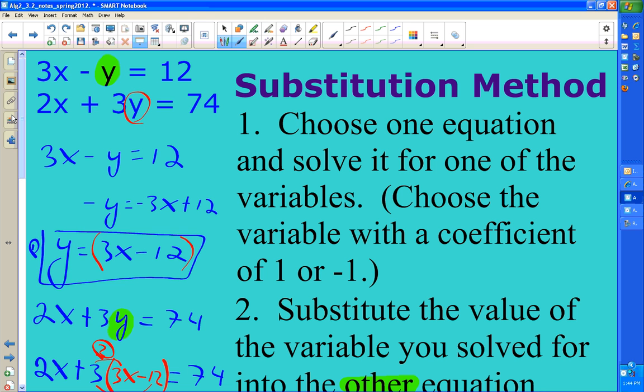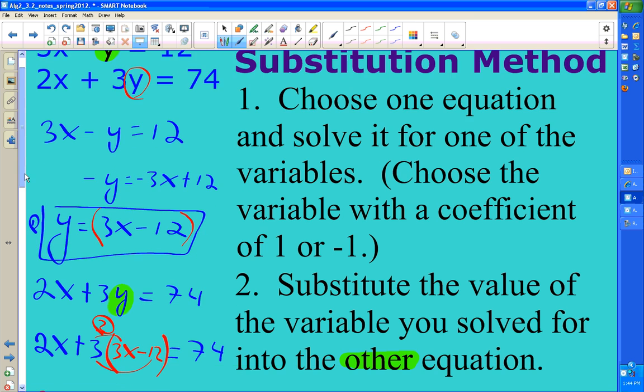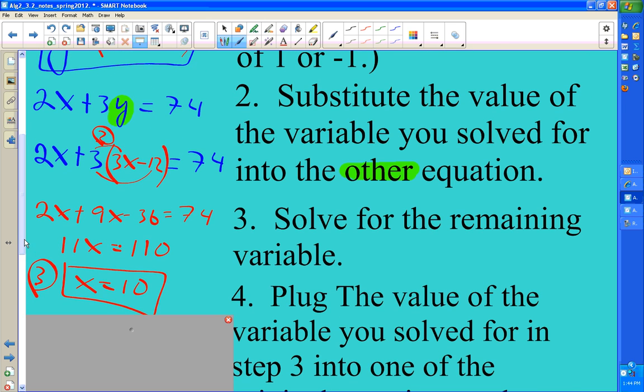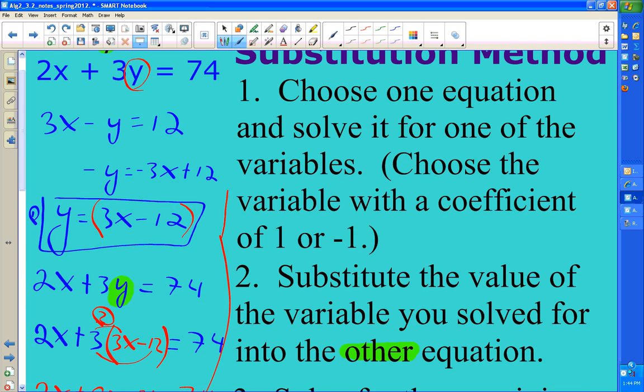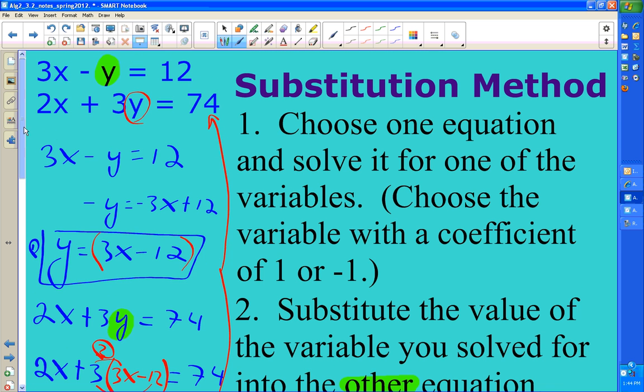Whichever one looks easier to you. Which one does it look easier to put a 10 in for the x? The first one? Right? Some people will say the second one. Doesn't really matter. So we're going to plug that x equals 10 either here or here. I don't care which one.